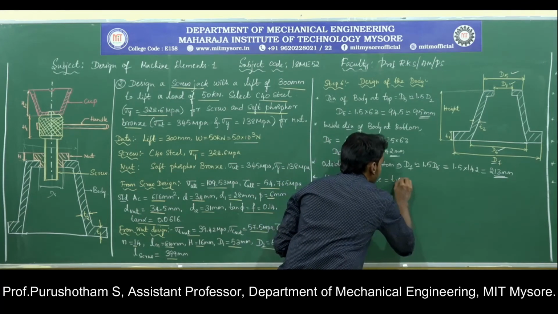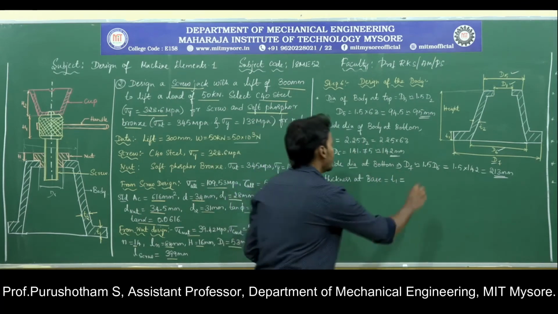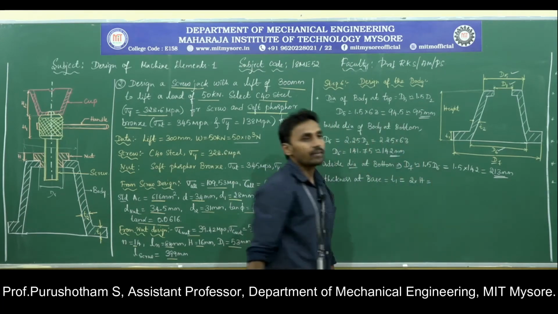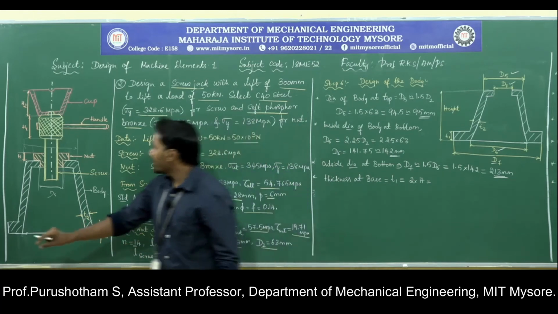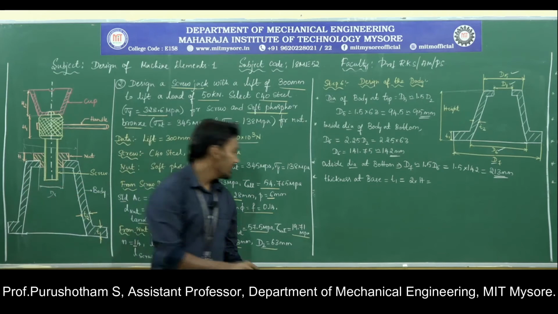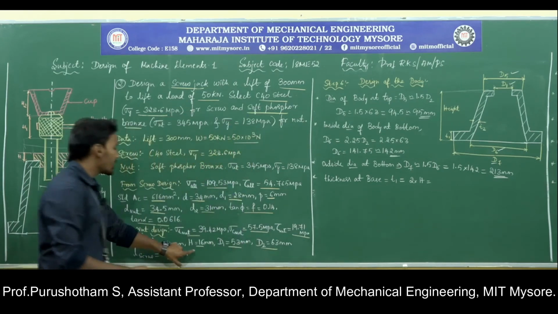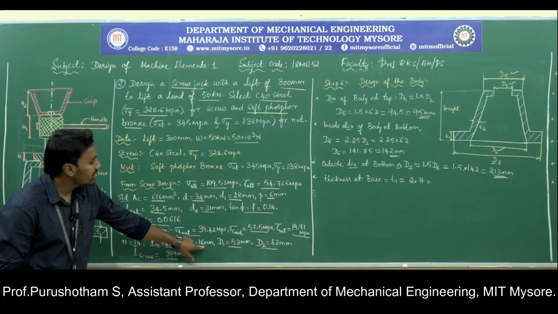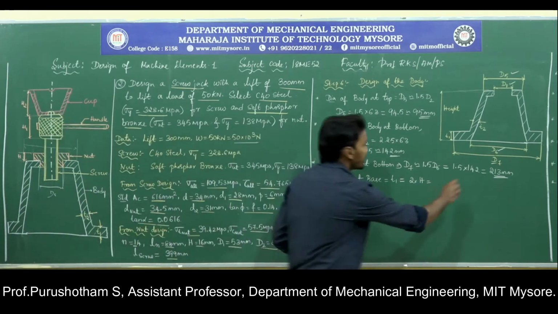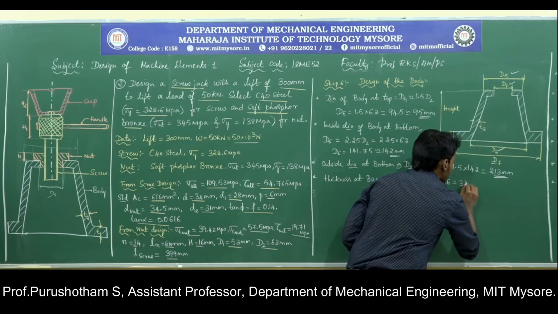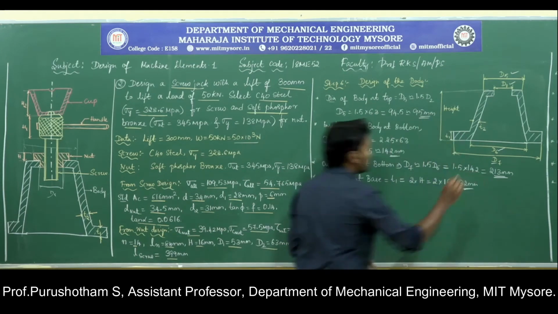T1 is given by 2 times H, which is the thickness of the nut flange found while designing the nut. That H value is 16 millimeter. Simplifying, 2 times 16 is 32 mm.